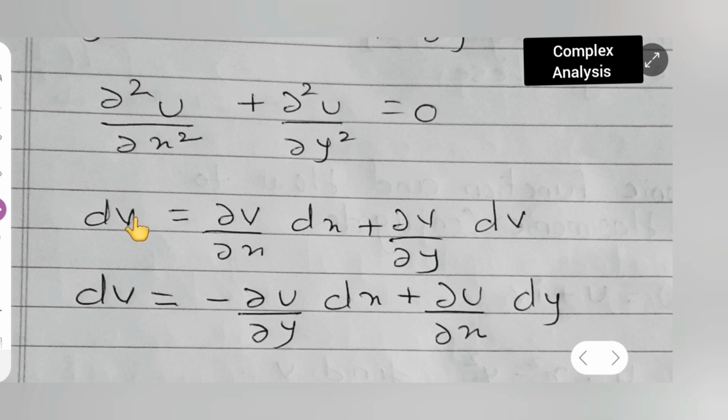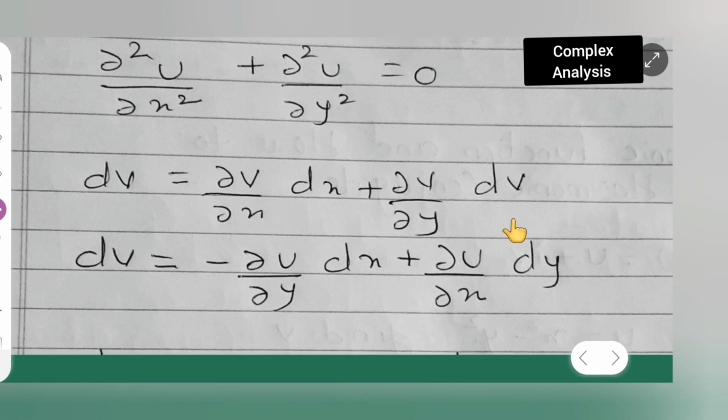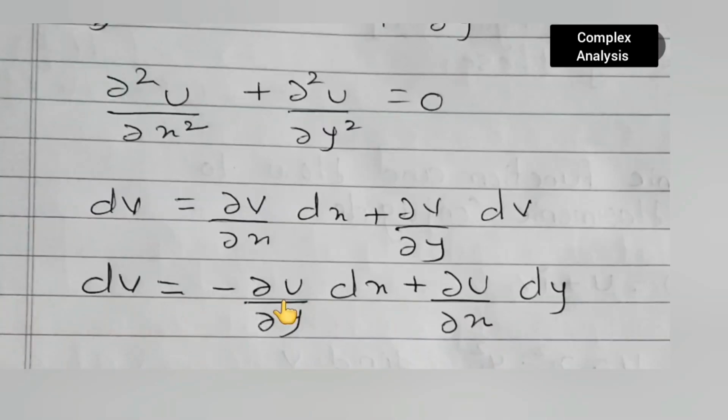So dv is equal to dou v upon dou x dx plus dou v upon dou y dy. This is how we find the value of v.